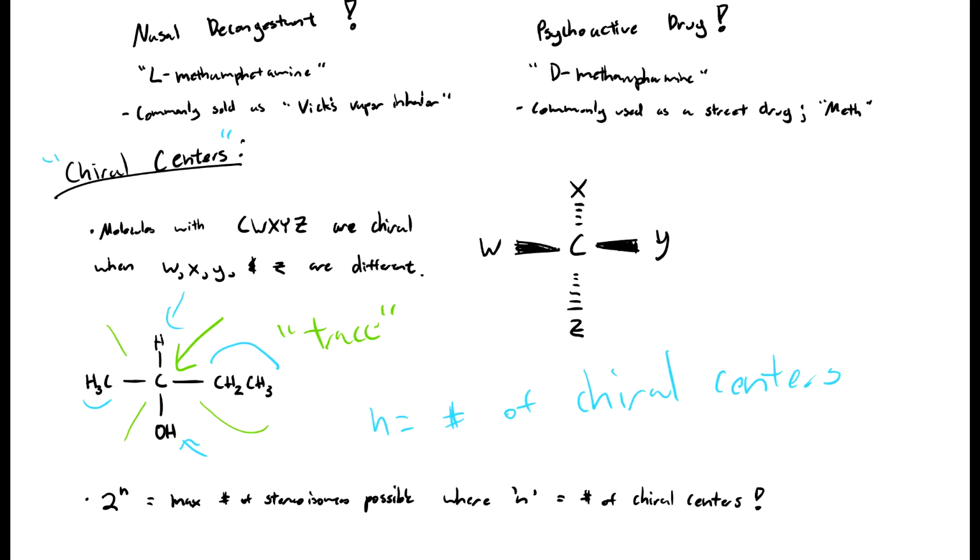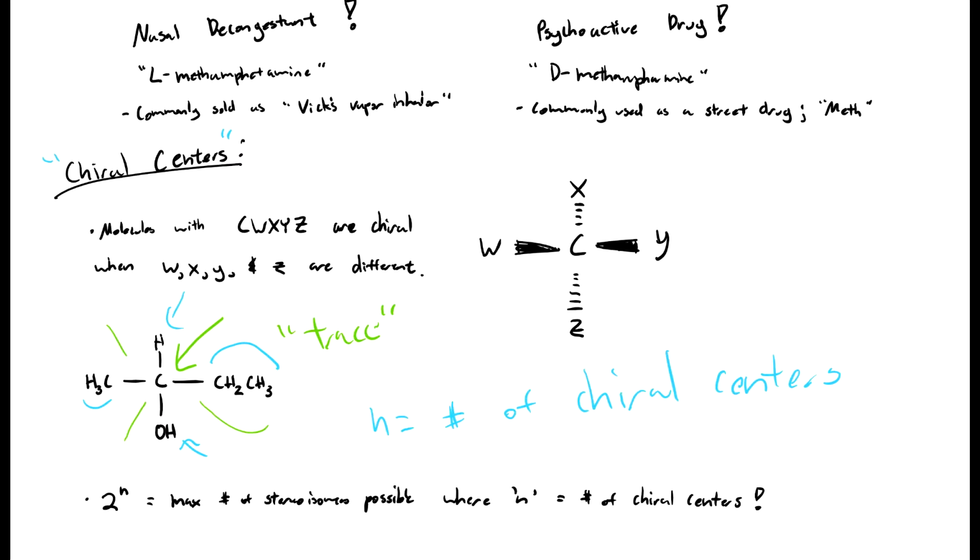And mathematically, it's said that 2 to the nth power, n representing the number of chiral centers of a compound, is the maximum number of stereoisomers you can have. Statistically, each chiral center can have a variation of stereoisomerism.